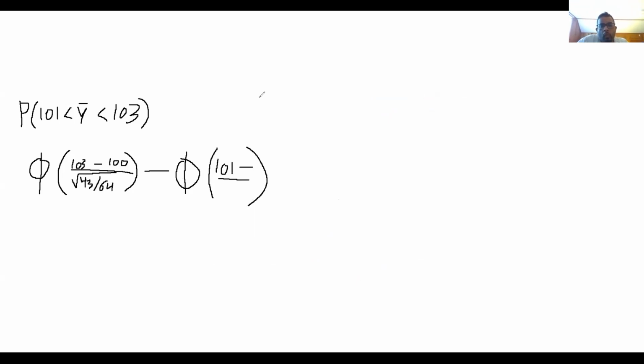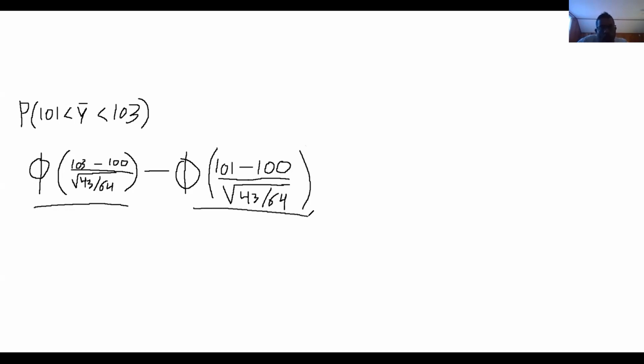And then the same here: minus 100 divided by the square root of 43 over 64. And then you can use Excel to find this number and this number and do the subtraction.